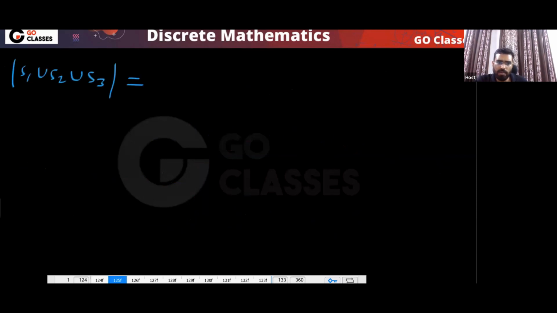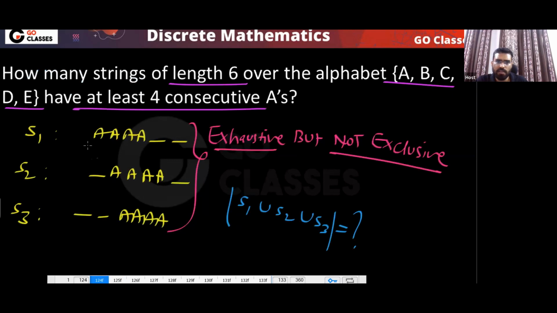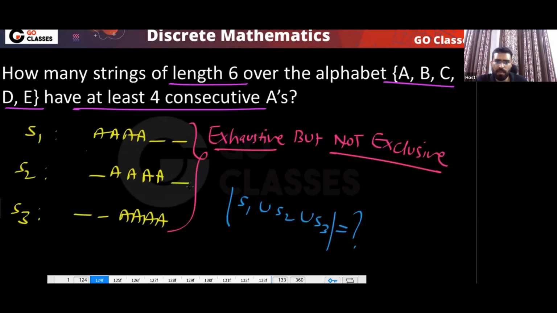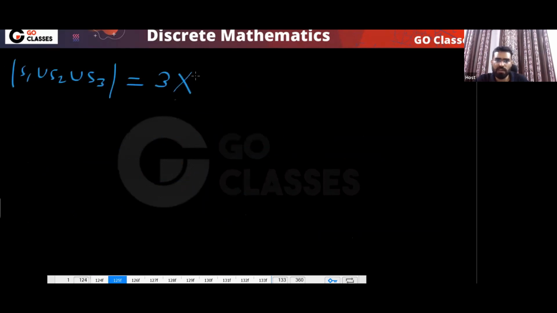These are the same, so I can say 3 multiplied by S1 plus S2 plus S3. This will give you the same answer. So S1 is 5 choices here, 5 choices here, so S1 is 5 squared. S2 is also 5 squared.